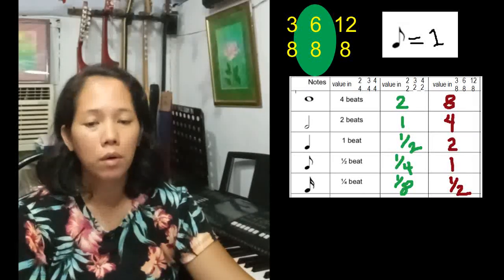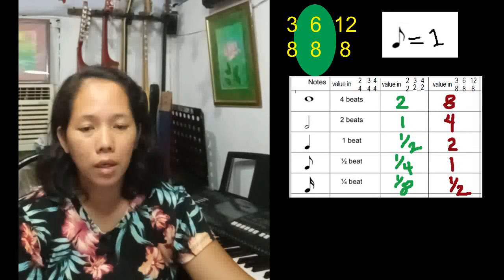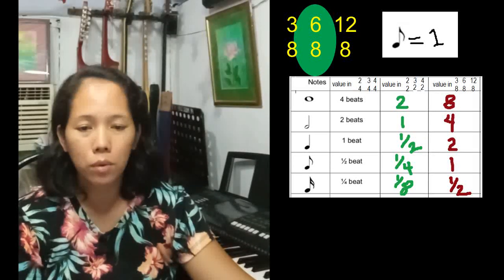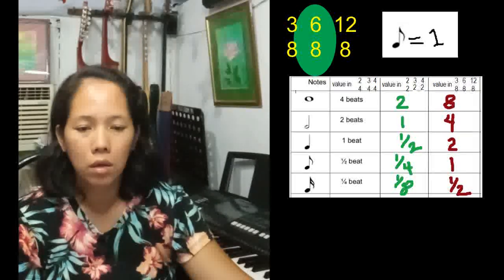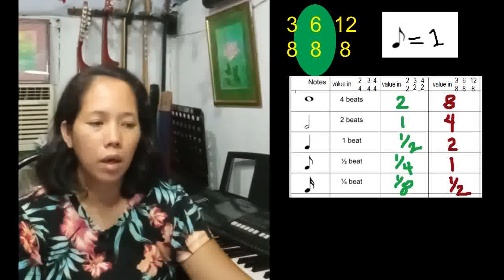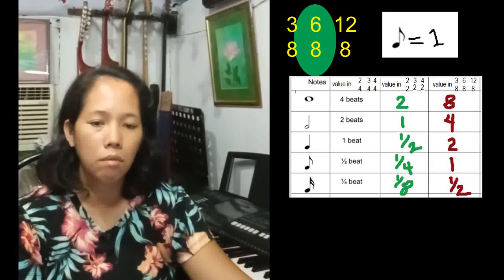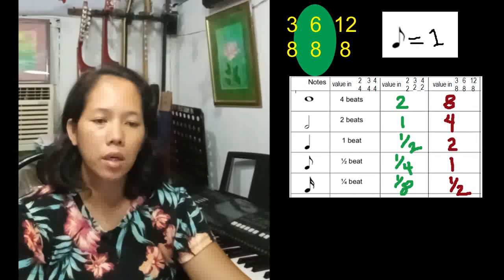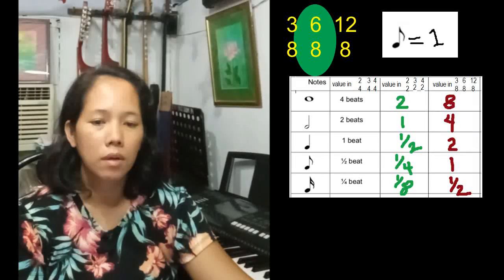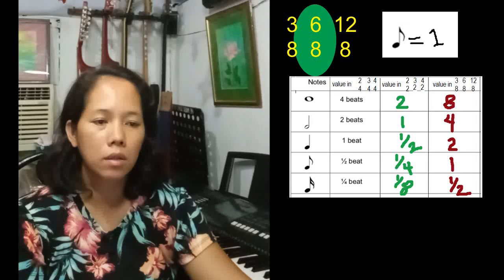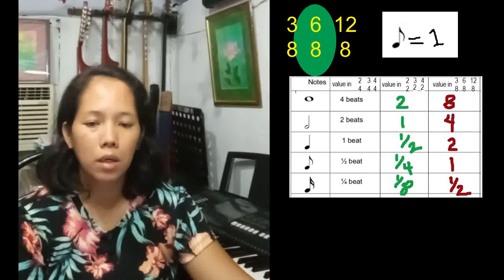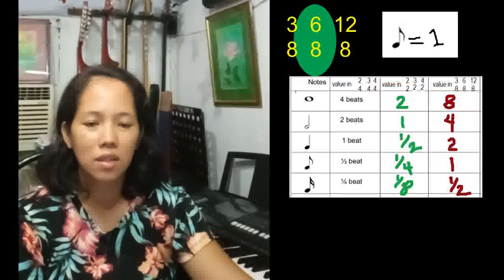And then here we have proven also that this is only 2, this is 1, this is 1/2, this is 1/4, this is 1/8. And do you remember what's the secret? No? The secret in remembering is this.